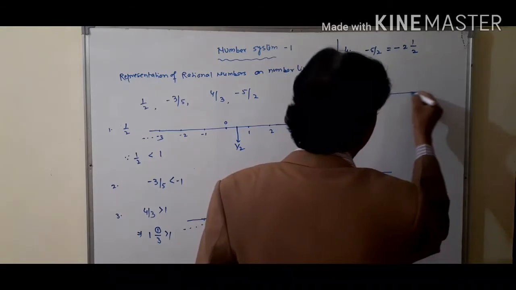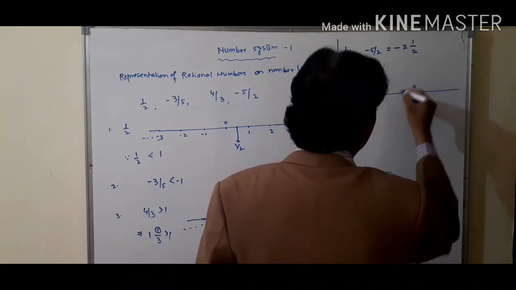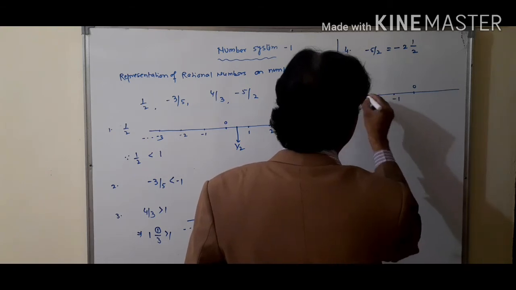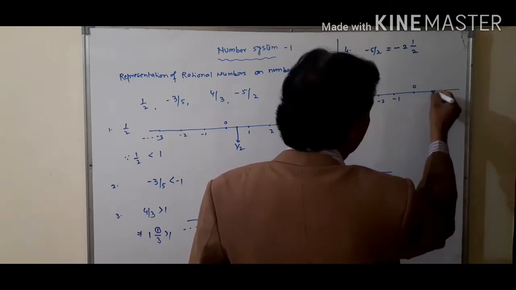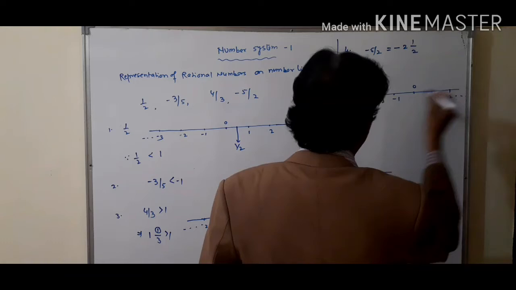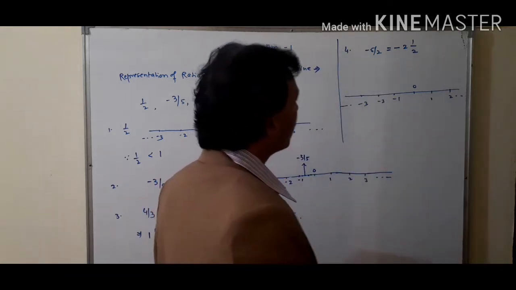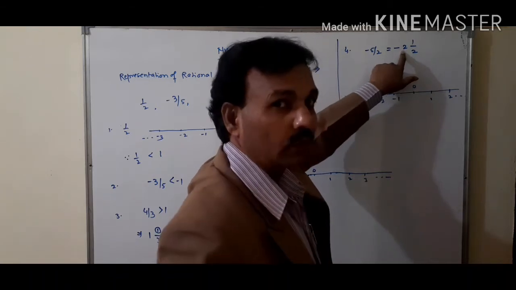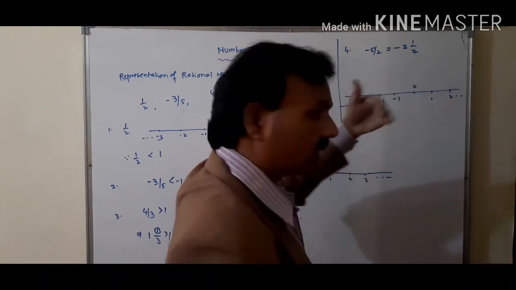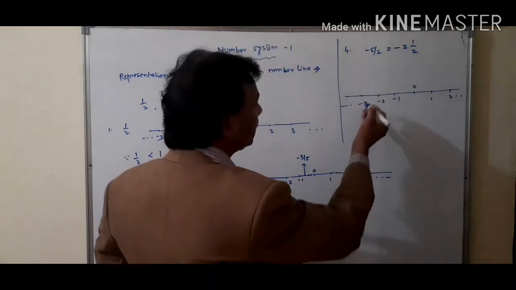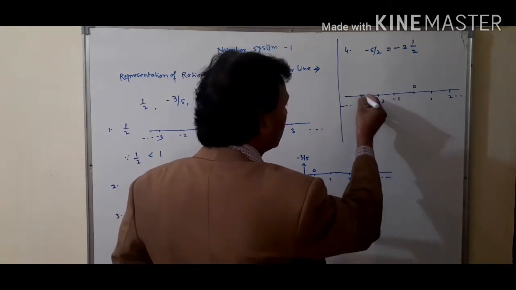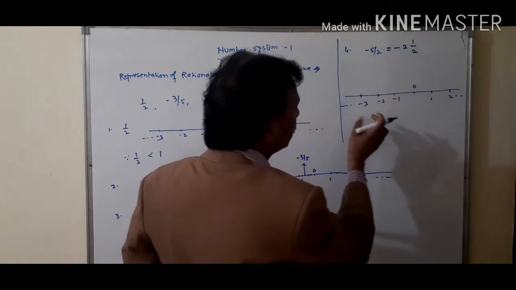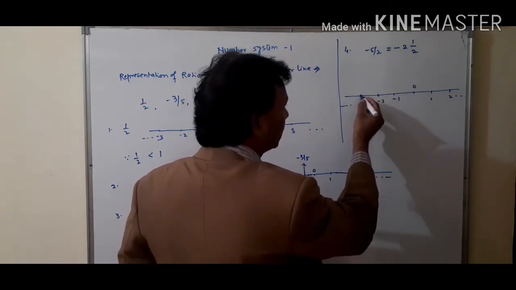If this is a number line and this is the 0, then minus 1, minus 2, and this is minus 3, and so on. This number is less than minus 2 but greater than minus 3.